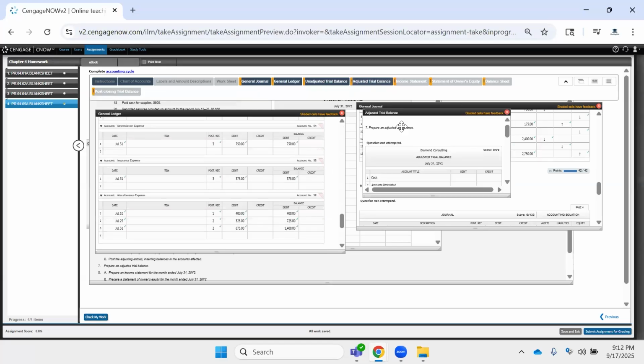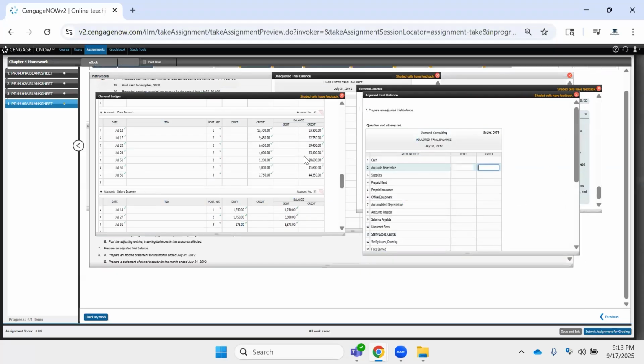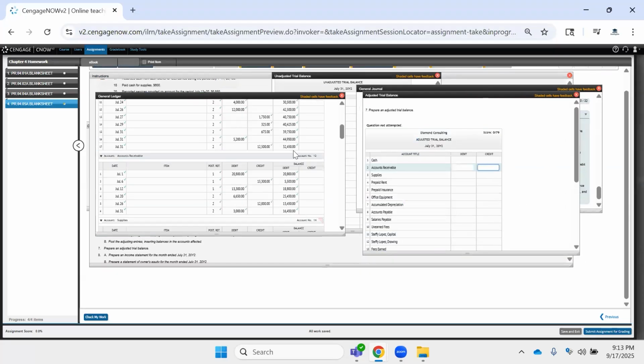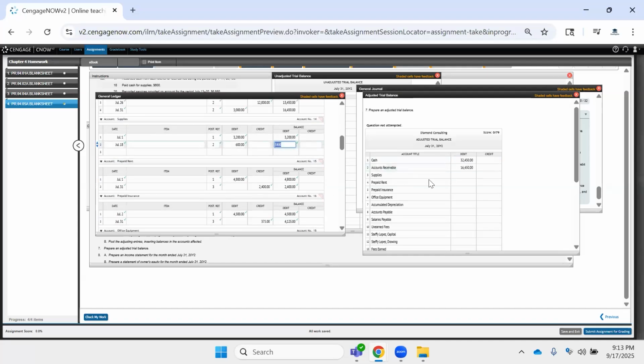Now what we're going to do is prepare an adjusted trial balance. And that's going to be taking our ending amounts after all of the adjustments that we've made. So we're just going to go right down the line.